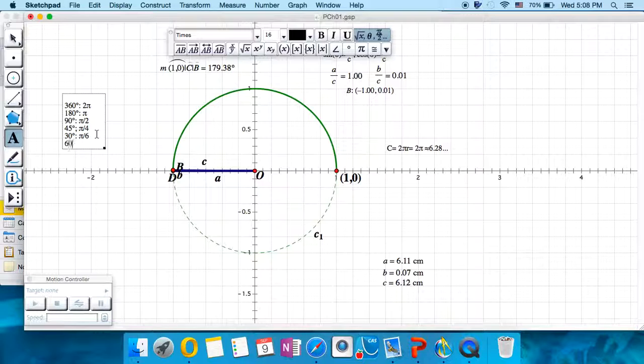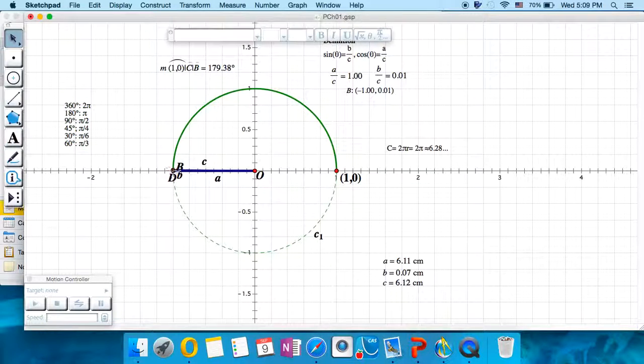That tells us that 60 degrees will be double 30 degrees. Therefore it should be double pi over 6, or simply pi over 3.